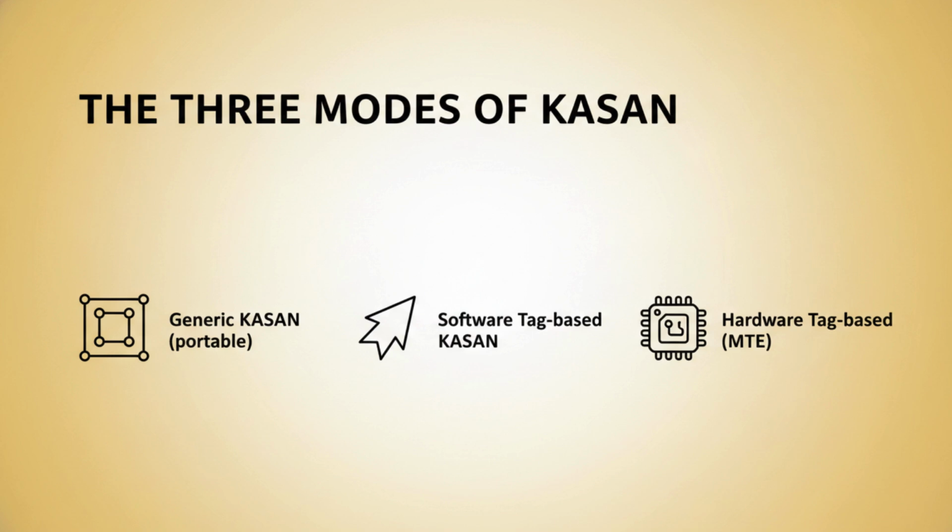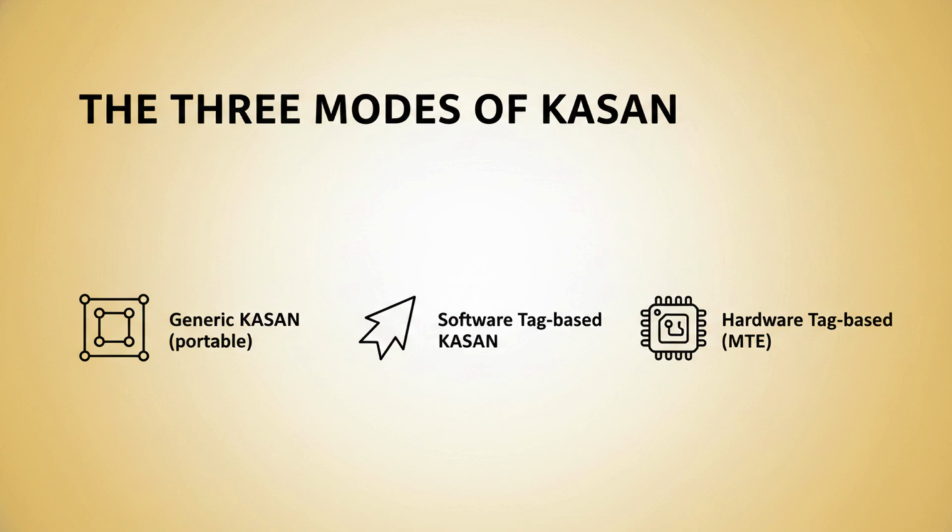KASAN is not a one-size-fits-all tool. It offers different modes depending on your hardware and performance requirements. First, generic KASAN is the most widely used and portable mode, supported by both GCC and Clang. It relies on shadow memory to track every byte of kernel memory. Second, software tag-based KASAN, originally for ARM64, uses the top byte ignore feature to store tags in pointers, reducing memory overhead.